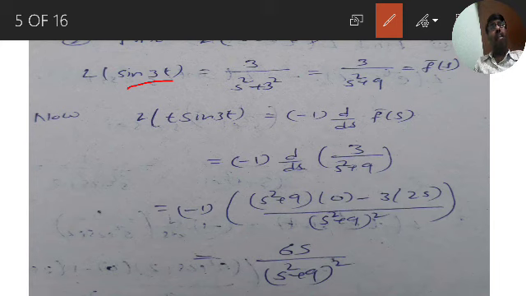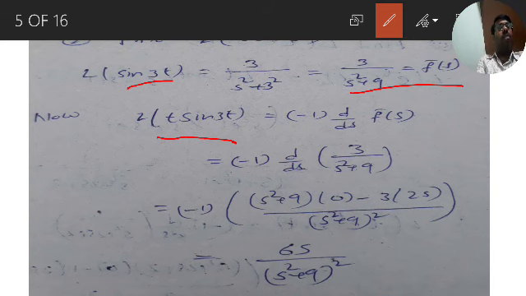L of sin at is a by s square plus a square. Now L of sin 3t is 3 by s square plus 3 square, that is 3 by s square plus 9. This is our f bar of s. Once we have f bar of s, now the derivative of f bar of s. L of t into sin 3t, multiplied by t, so minus into d by ds of f bar of s.